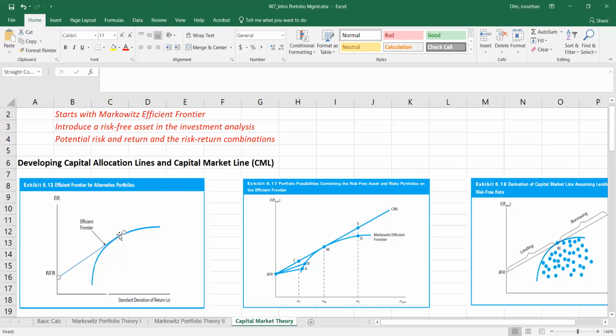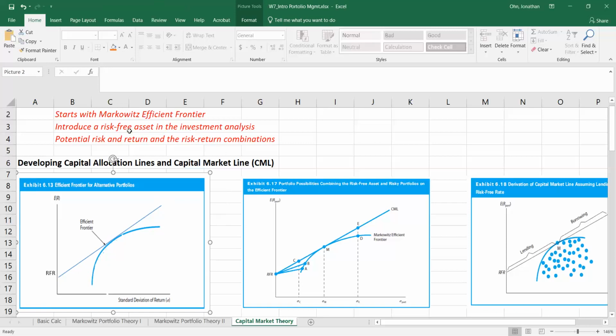So let's extend this one here. This tangent line is the group of most dominant portfolios that dominate everything below it. So we came up with a new dominant group, I would say a new efficient frontier.